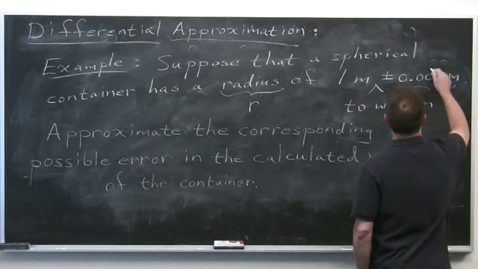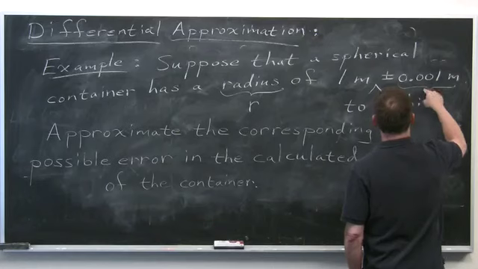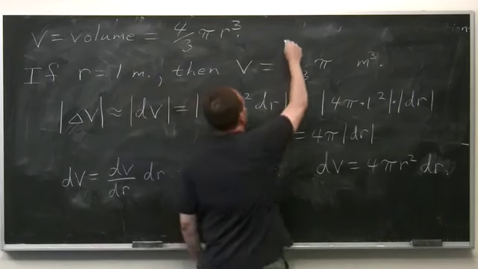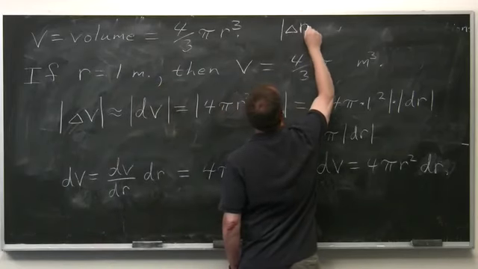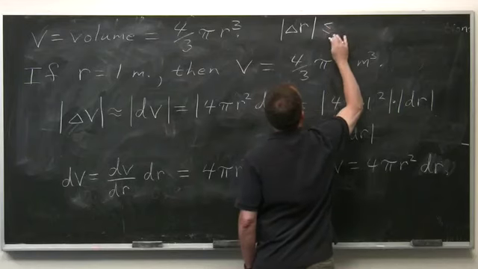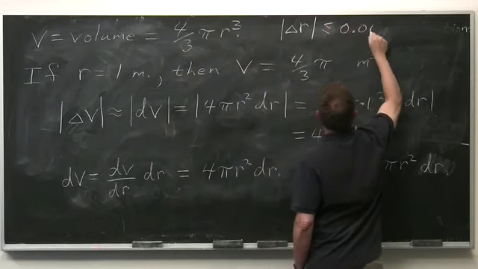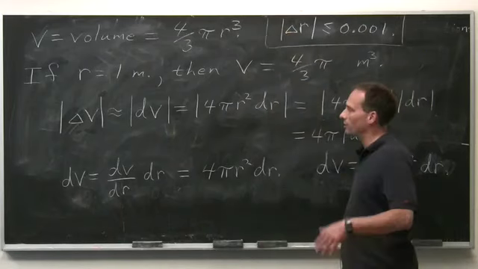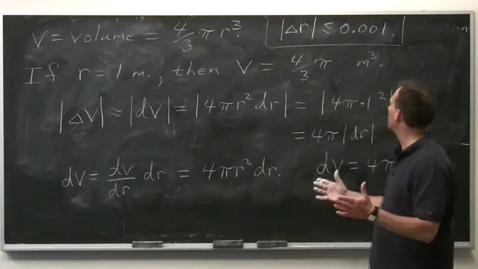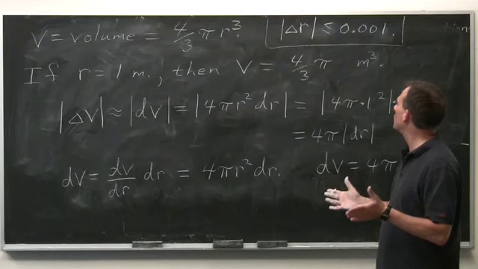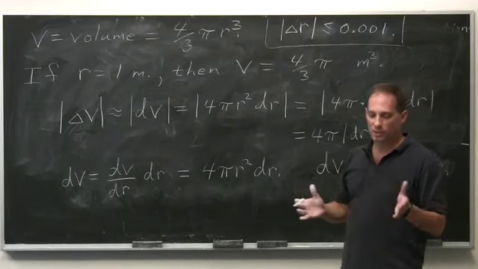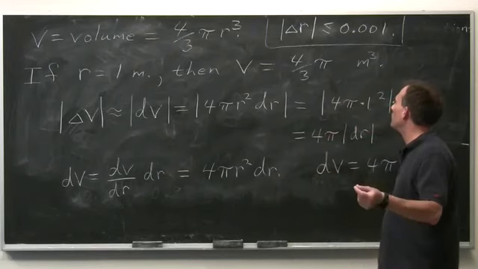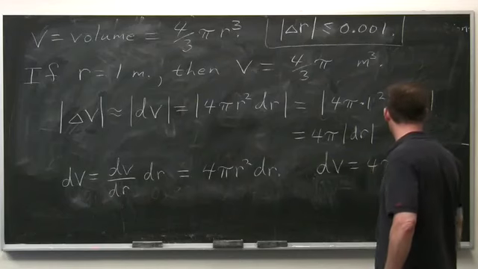What we're saying is that delta r, this information right here, is exactly the information that delta r is less than or equal to 0.001. That's what we're told, that the change in the possible value of r has absolute value less than or equal to 0.001. Expressing it in terms of absolute value is the same as saying that delta r is between negative 0.001 and positive 0.001.